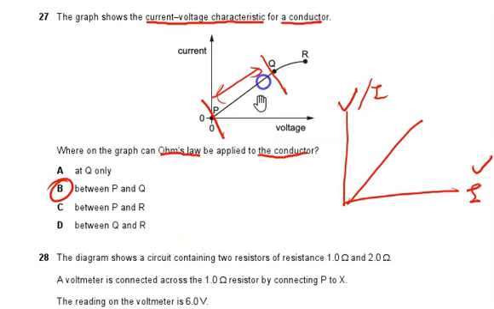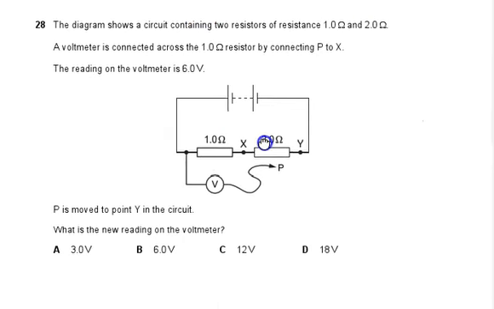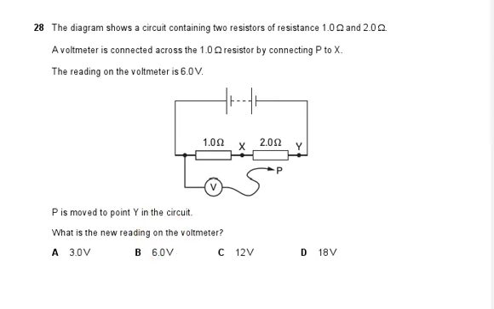Now we move on with question number 28. It looks complicated, so let us do this. The diagram shows a circuit containing two resistors, 1 ohm and 2 ohm.